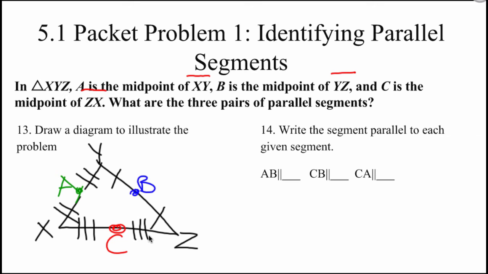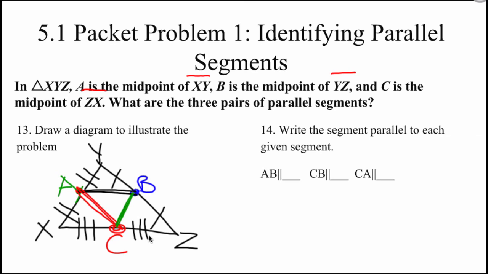So now we're asked to find 3 pairs of parallel segments. So a midsegment of a triangle connects 2 midpoints. So right here we have this midsegment. We have another midsegment right here. And lastly we have this midsegment.